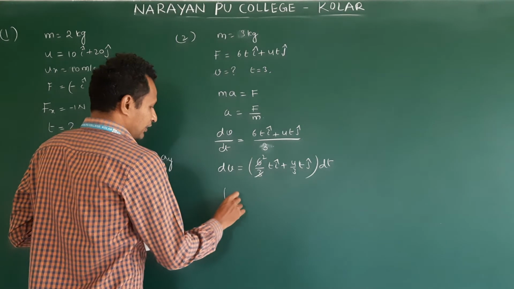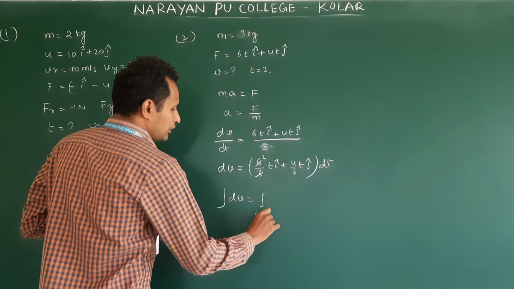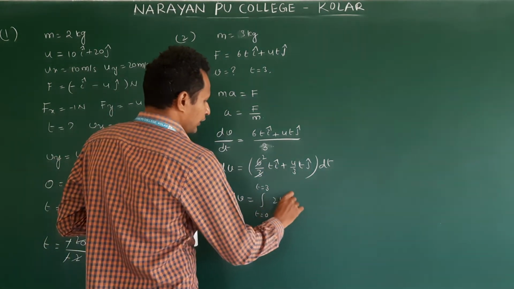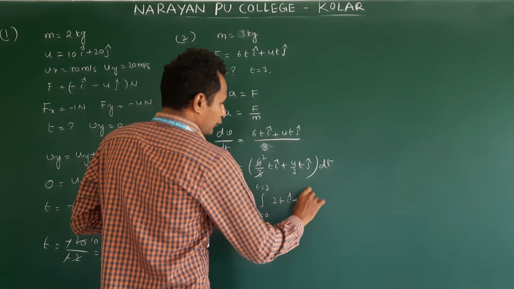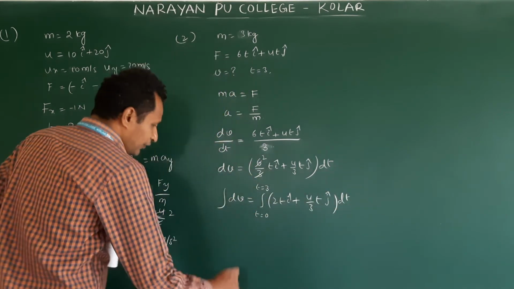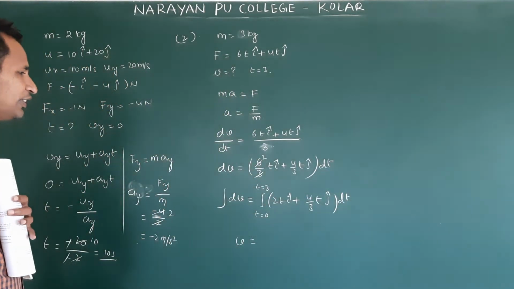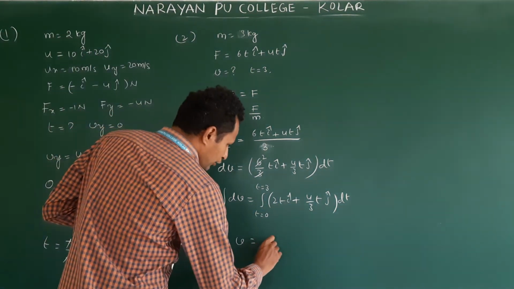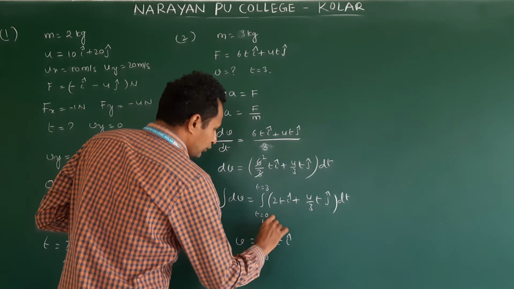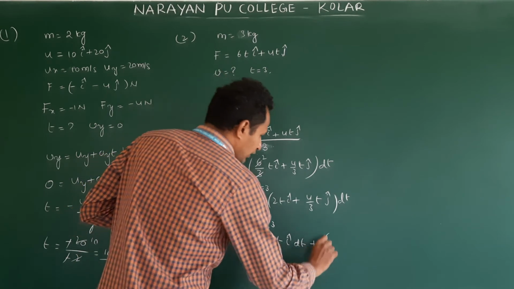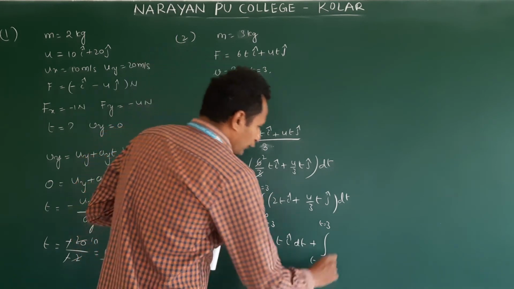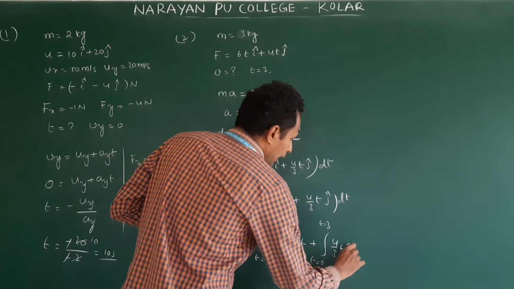Integrate dV with respect to time, from t is equal to 0 to t is equal to 3 seconds, of 2t i cap plus 4 by 3 t j cap dt. Then we will get the velocity at 3 seconds. You can write 2t i cap from t is equal to 0 to 3 dt plus 0 to 3 of 4 by 3 t j cap dt.